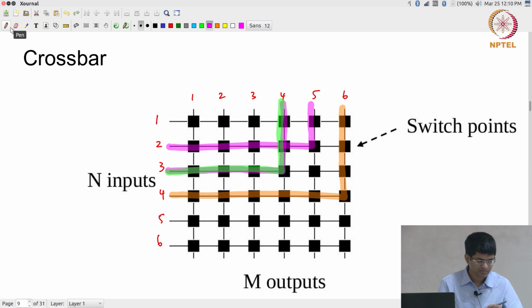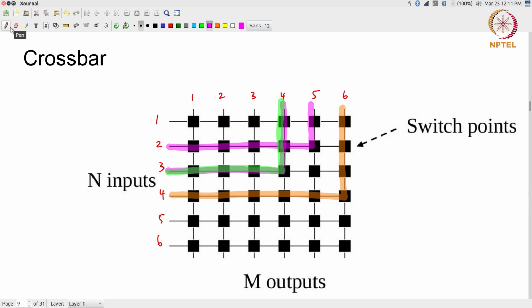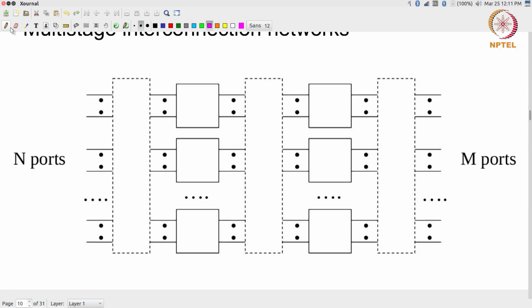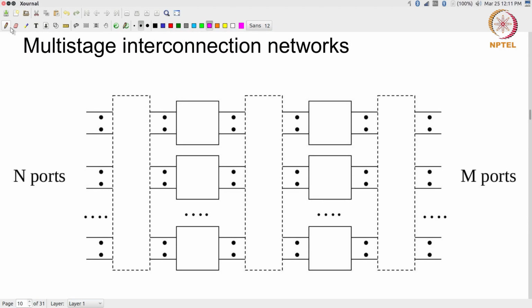Okay. The cost is obviously high. There are m into n switch locations over here, which means that it is very difficult to get this to scale as m and n increase. The number of intermediate values that you need to store over here can grow quite dramatically. An alternative to that is something called a multi-stage interconnection network.